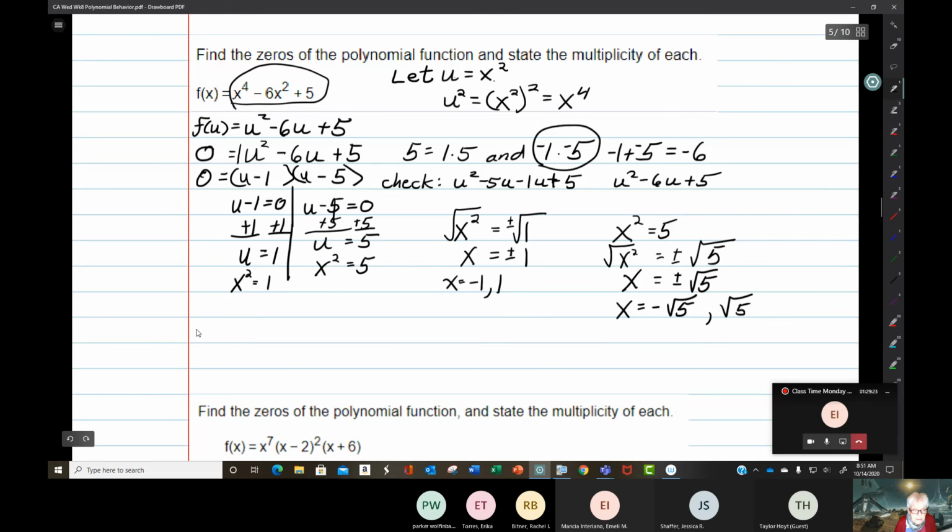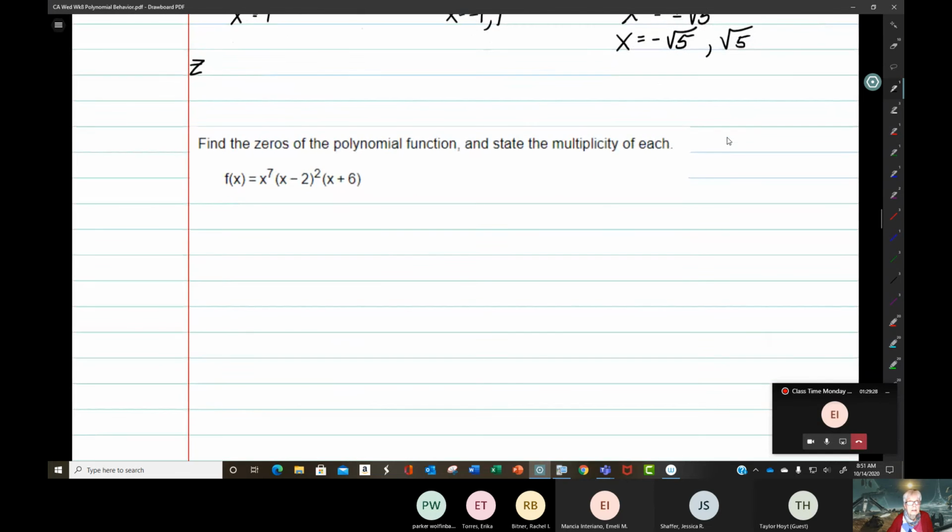Therefore, the zeros of f of x are, and you don't need to put them in order, you can if you want to, -1, 1, negative the square root of 5, the square root of 5.